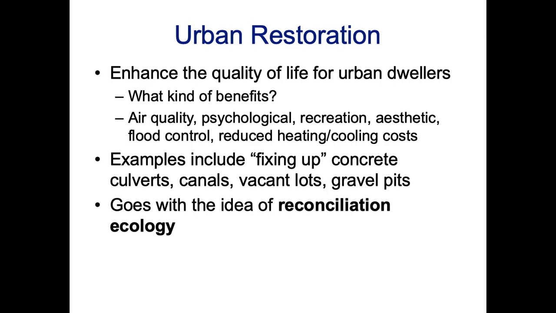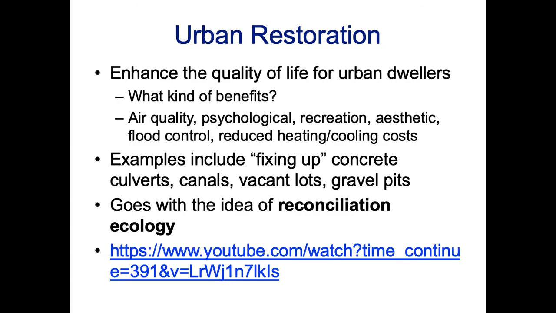It also goes with the idea of reconciliation ecology, this idea that we can do conservation anywhere to improve ecosystem function and improve conservation for a variety of different species. And so this video that you'll watch next is an example of one of these projects.